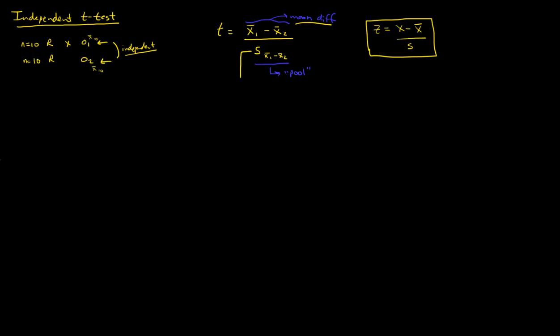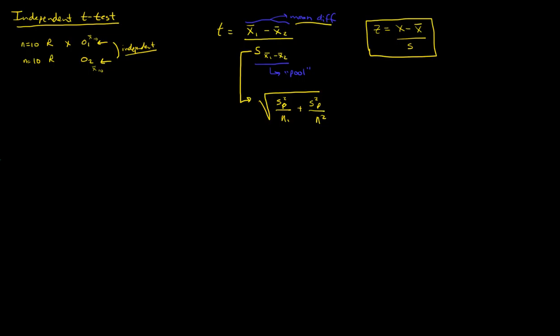So this term here is actually the square root of the variance of group 1 plus the variance of group 2.